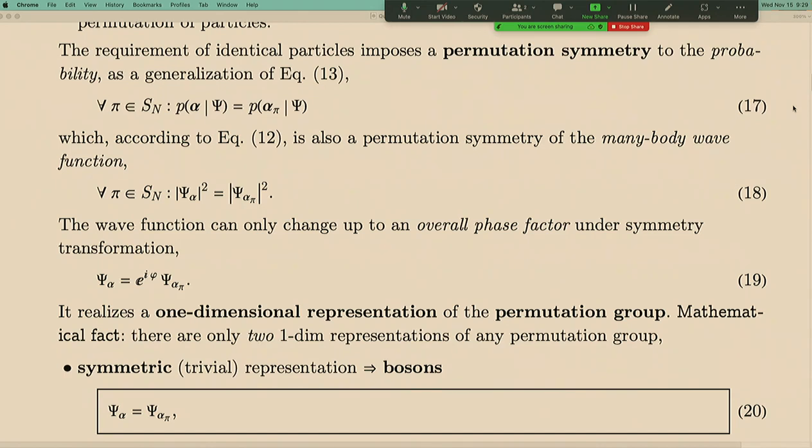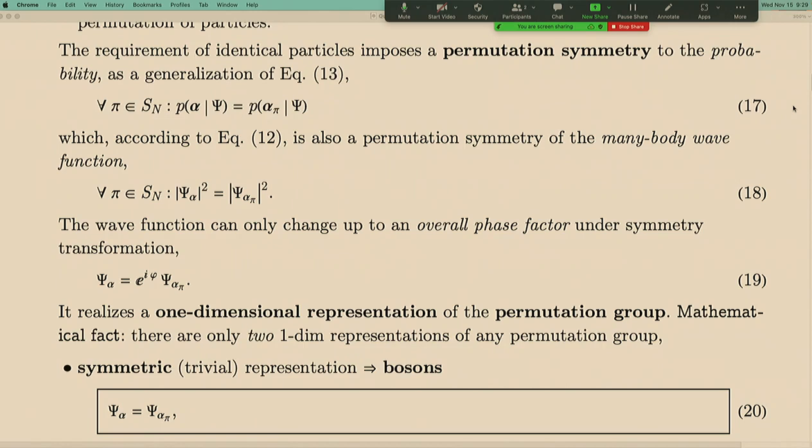For example, no matter what many-body state of identical particles I have, it must satisfy the following condition: for any permutation in this n-particle space, where alpha is a sequence of length n, I can arbitrarily permute its elements.